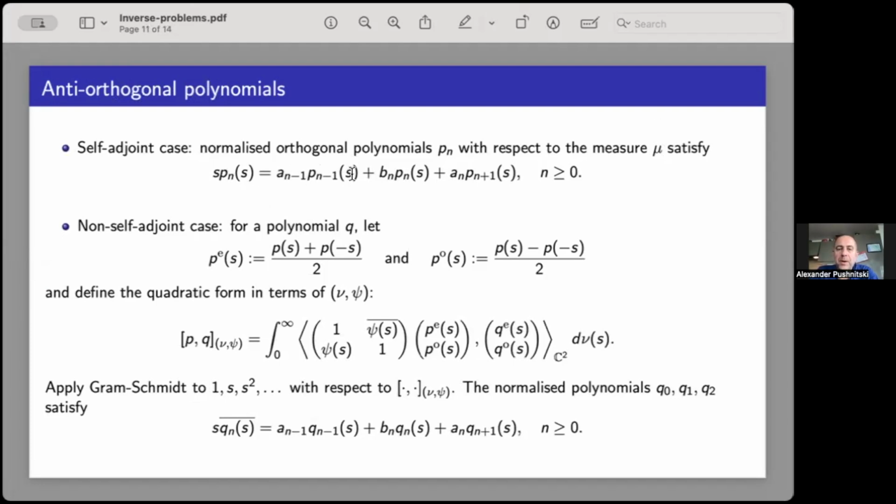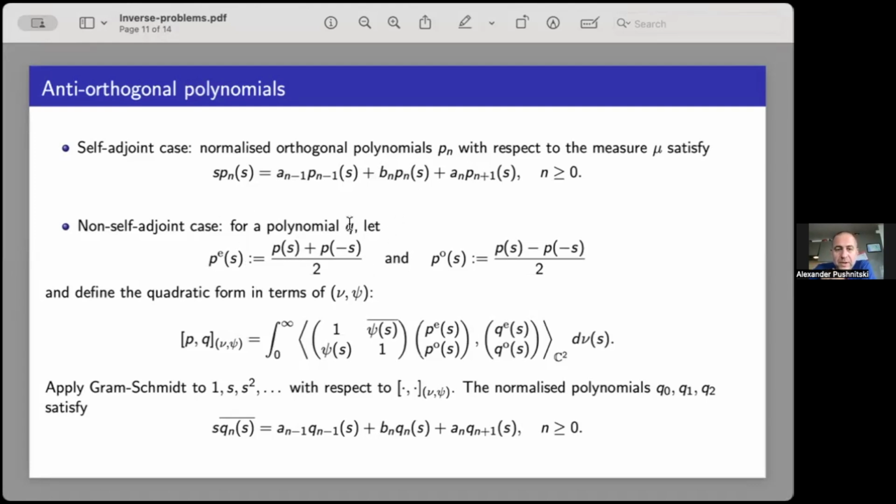We consider the powers of s. We apply Gram-Schmidt. The corresponding polynomials satisfy a three-term recurrence relation, and this gives us the coefficients an and bn. So it turns out there is something similar going on in the non-self-adjoint case, but less obvious and with some twists, I would say.